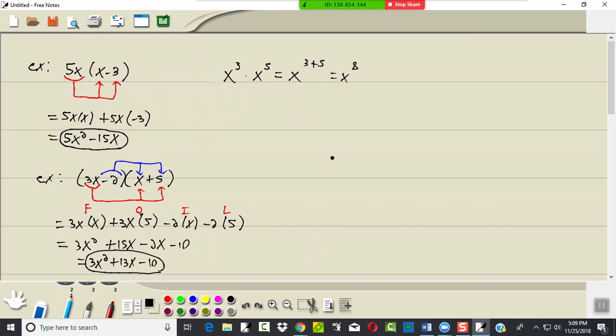Nice part about the line method is it does not matter what it looks like. I'm not going to actually multiply this together. But if I had this problem, you wouldn't need to think, well, how do I apply the FOIL method? Now you apply the line method. Take each term in this set of parentheses, the x squared, multiply it times each term over here.